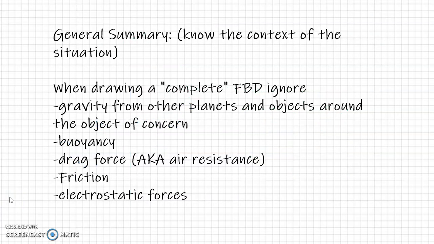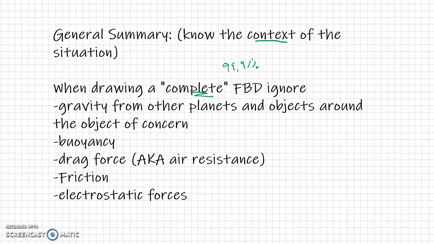When we're drawing a free body diagram, know your context. It's so important to understand the context in which you're solving. But in general, a complete free body diagram, and I'm calling it complete at 99.91%, is sufficient to be considered complete.